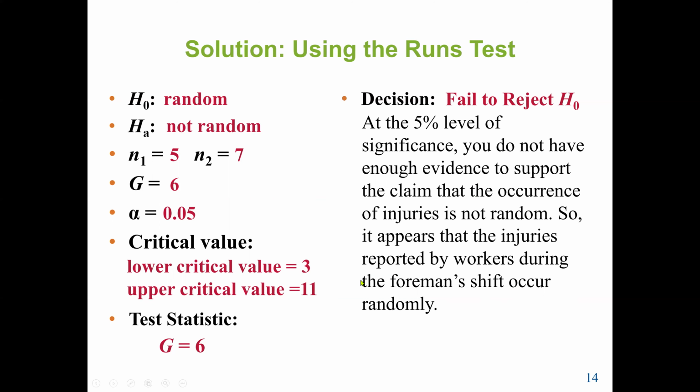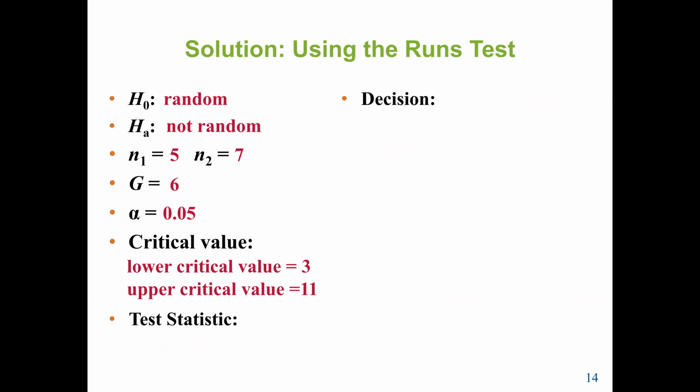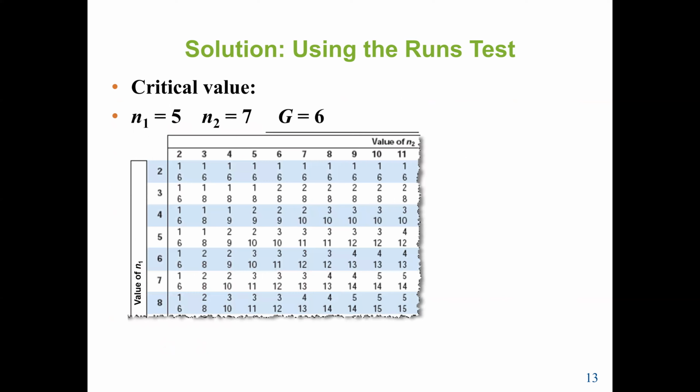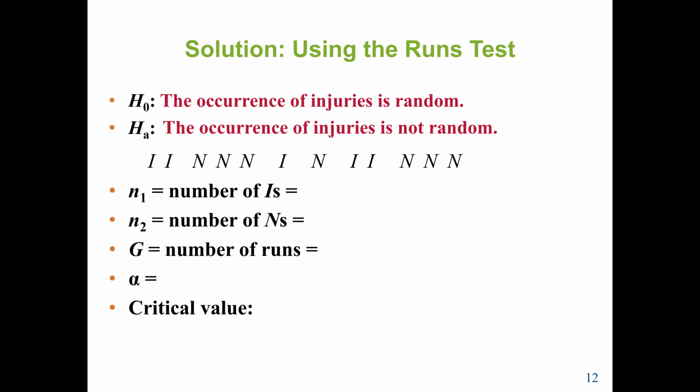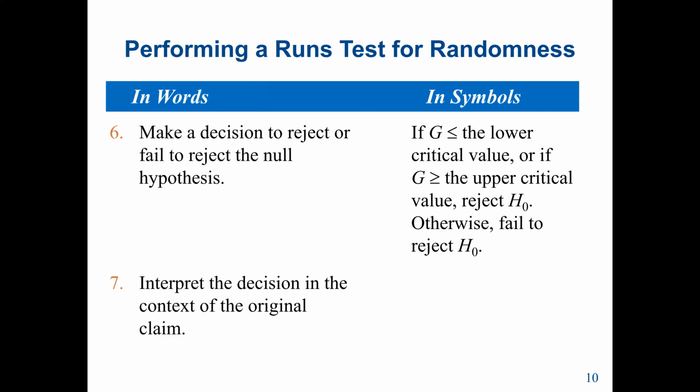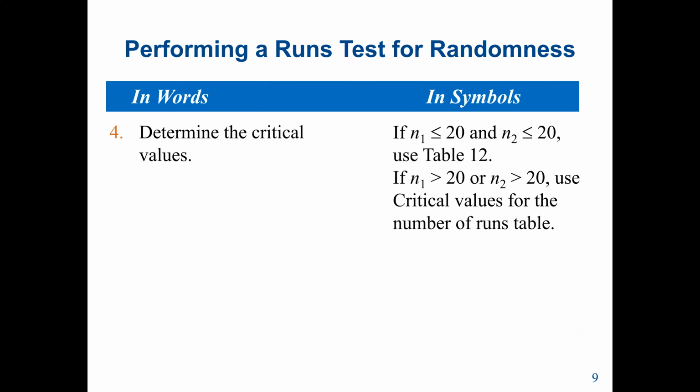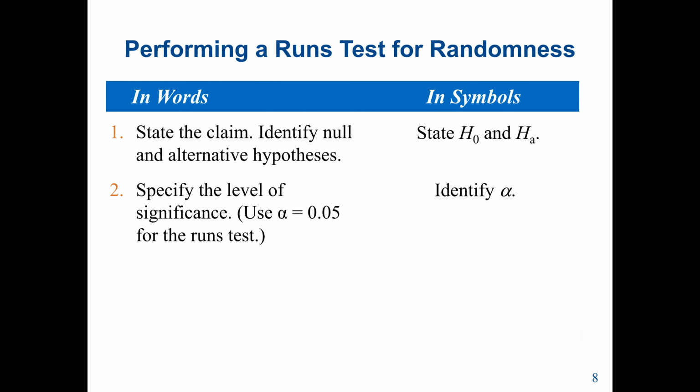Again, one thing I want us to get is the step-by-step process of solving. We saw the steps earlier, so let's start from here one more time. Performing a runs test for randomness is hypothesis testing. The first thing we do is state our H0 and HA, the null and alternative hypotheses. After that, we specify the level of significance, which is alpha.